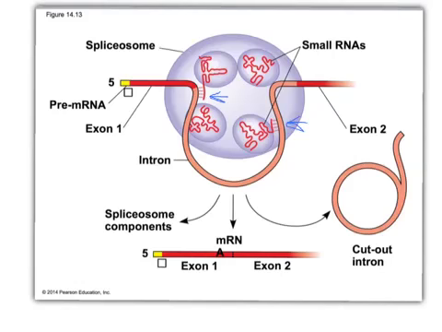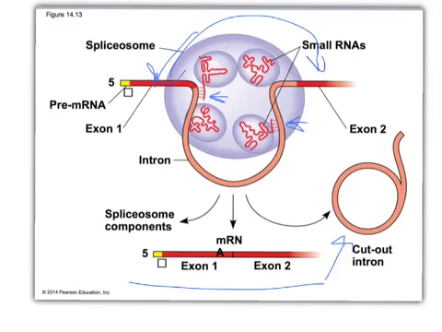The complex recognizes the boundaries, comes together, bends the RNA, and then you get an enzymatic function that produces this structure called the lariat. That loops out, and then the two exons are brought together. Your exons are spliced together. The lariat is cut out. So the intron's cut out, and you end up with the coding region together.